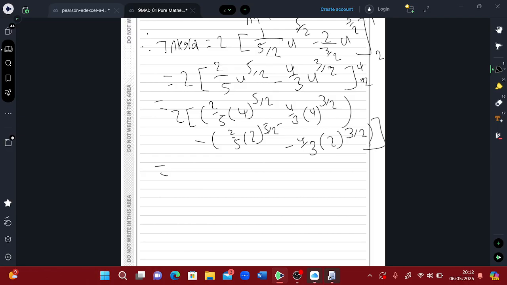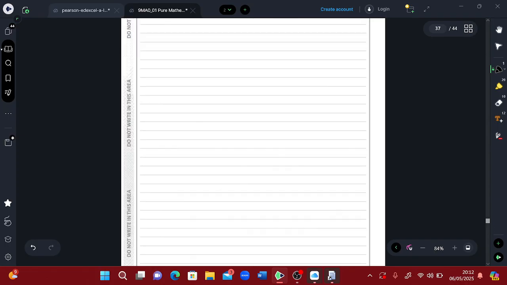Minus 2/5. Okay, what is interesting here is, when you type it in the calculator, it doesn't simplify it, it just gives you the decimal 3.6418, which tells you there's a root inside.